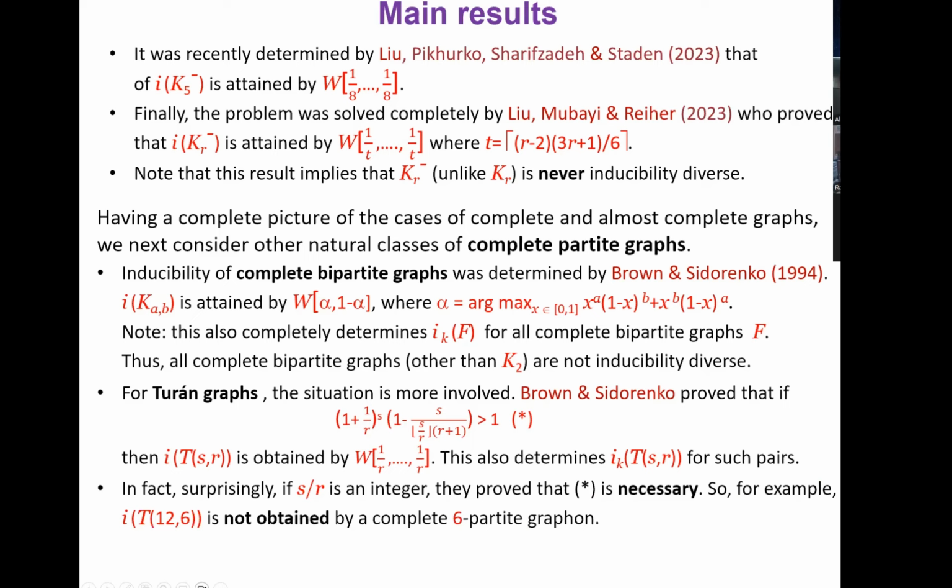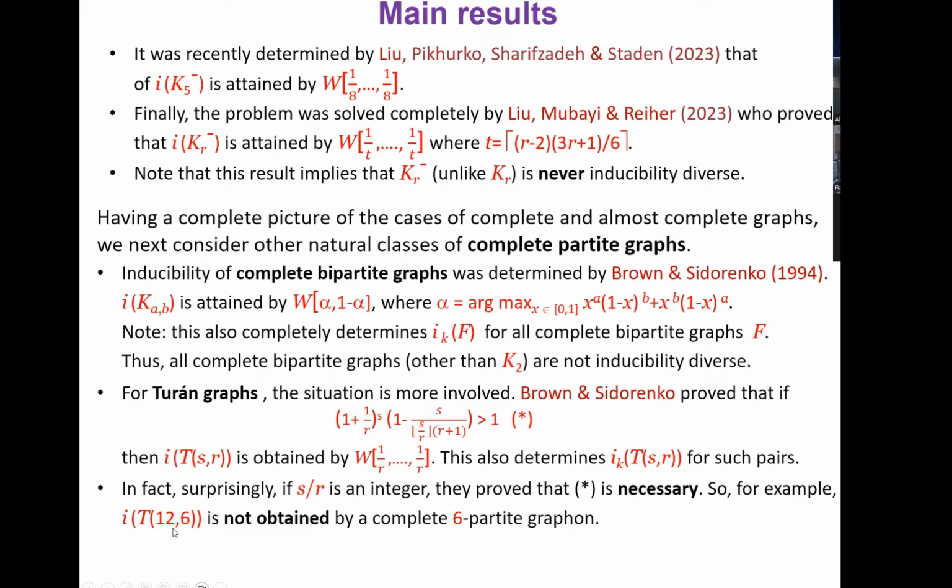And another interesting anecdote in this paper is that they showed also a converse. If S over R is an integer, namely it's a totally balanced graph, K_{2,2,2}, then they actually prove the star inequality is necessary. If star does not hold, the answer would not be the balanced partite graphon.